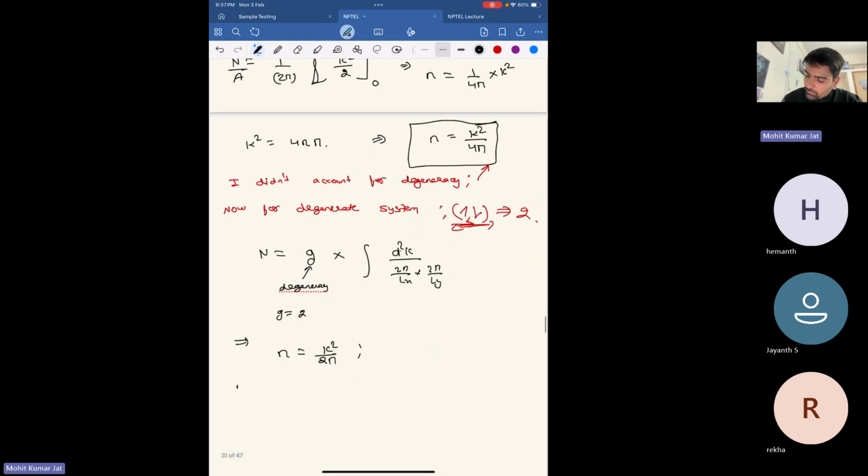But for graphene, I'm just extending the problem to the current research that is going on. For graphene, along with spin degeneracy, there is also valley degeneracy.